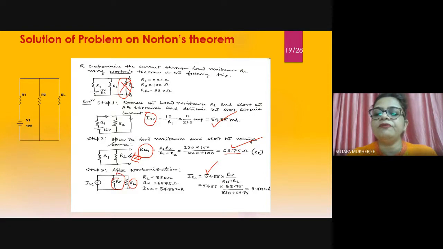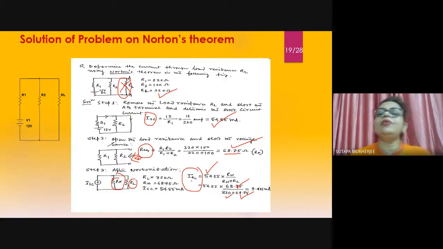What is the value of Rn? 68.75. What is RL? That is 330 ohm. Putting all these values, you will get the current through the load resistance RL. The value is 9.405 milliampere.